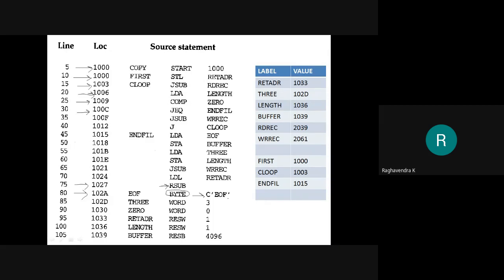E is one character, O is another character, F is another character. So one character occupies how much? 1 byte. So how much do we have to add to get the next address? We have to add 3 to get the next address. So therefore 102A plus 3 is how much? 102D.